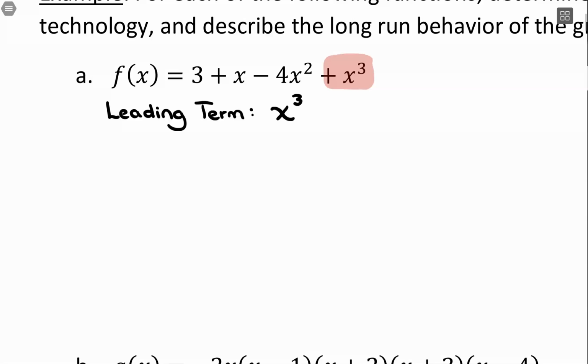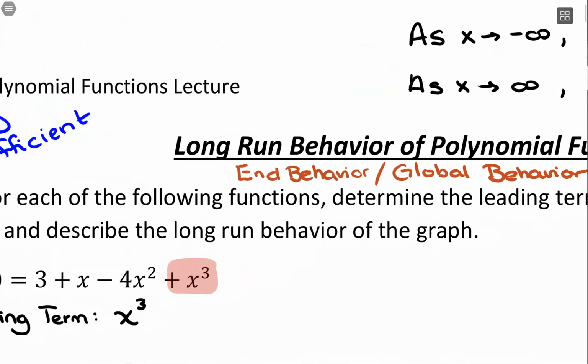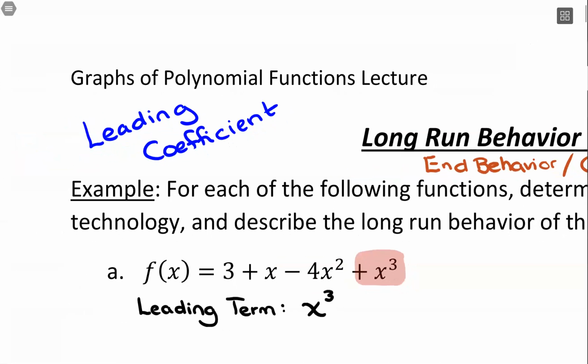Now, what we're going to need to keep in mind here is the general shapes of our power functions that we talked about. If it's an even power, then we're going to expect this parabola-like shape, either up or down, depending on if our leading coefficient is positive or negative.